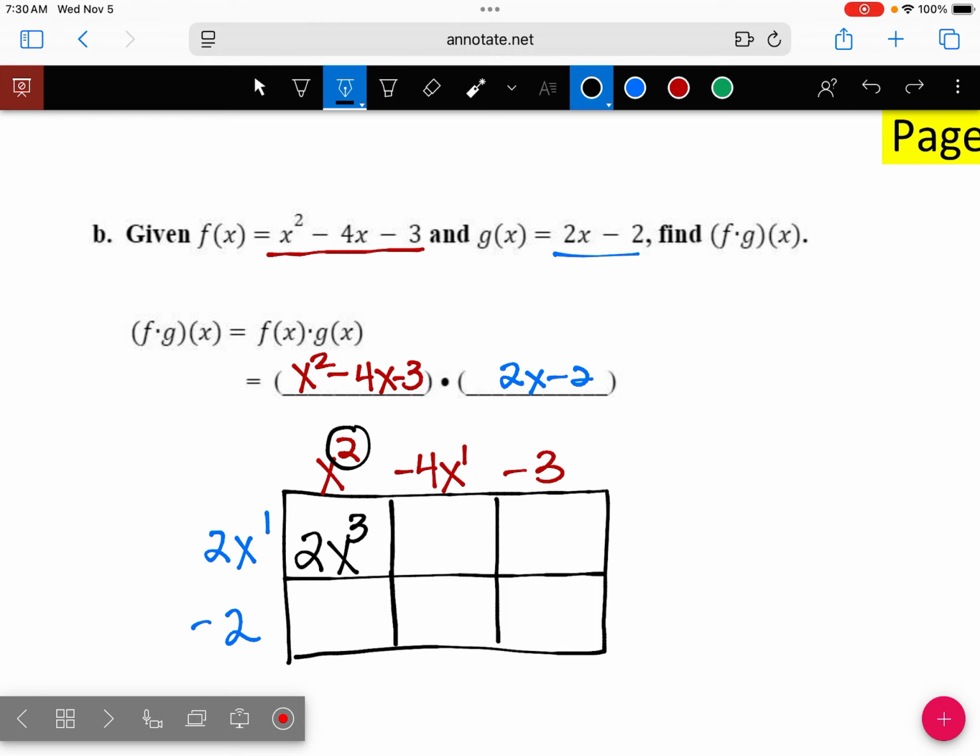That's how I get 3 x's in that box. The next box, I have negative 4 times 2, which is a negative 8, and then I have 1 plus 1, so that would be x squared. And then I have a negative 6x.